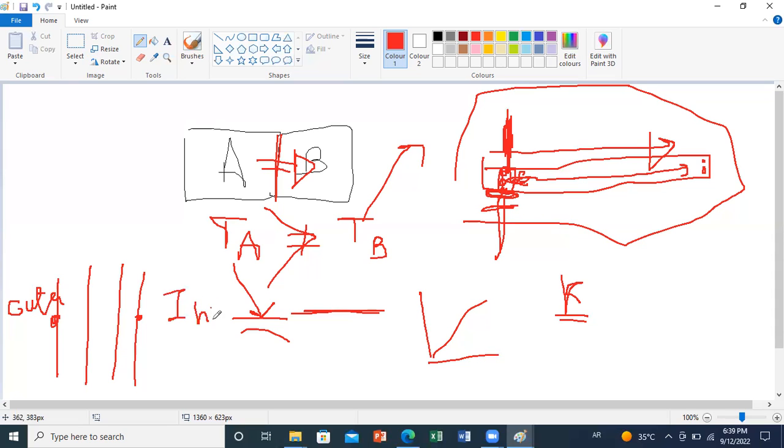We have a difference in temperature between these two sides. We know that this is Tin and this is Tout. What will make a difference between these two is the level of insulation in the envelope. In general, you want high insulation of your envelope to reduce heat transfer between the inner and outer space.